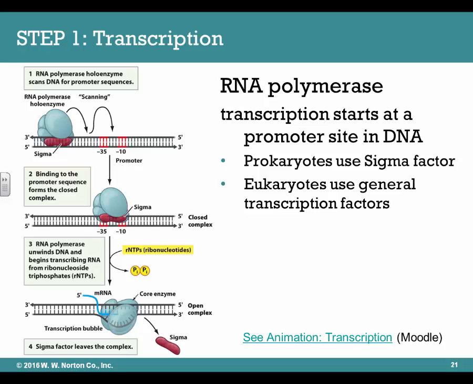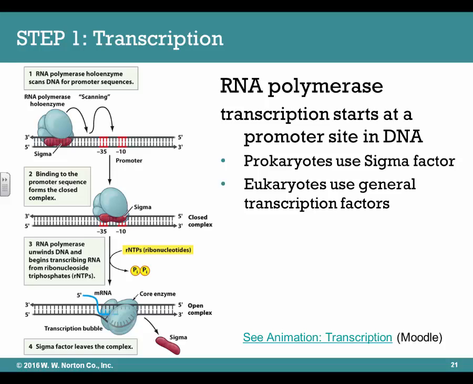So transcription requires the RNA polymerase enzyme to put together the bases in the RNA by reading the base sequence in the DNA. And the RNA polymerase is present in the cell, and it will touch down and kind of bounce along the DNA sequence that's exposed until it finds a really stable binding site.